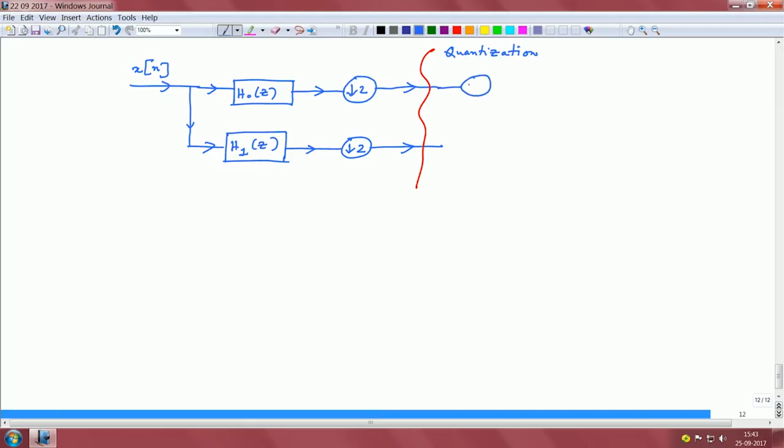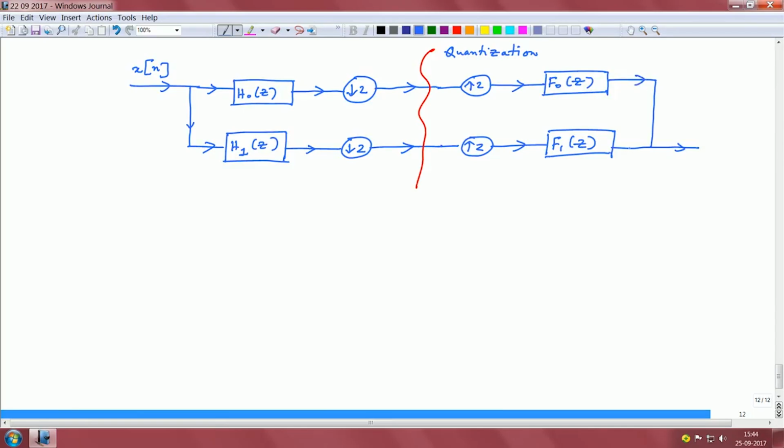And you would restore the sampling rate through upsampling, pass them through synthesis filters f naught of z and then f 1 of z, and you combine the signals from the output of the synthesis filters to get some reconstructed x hat of n.